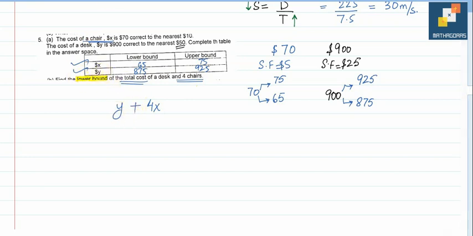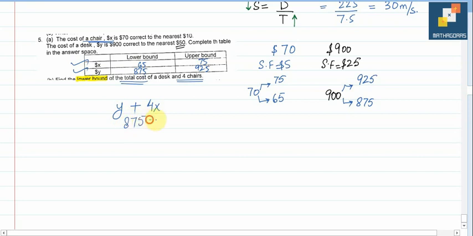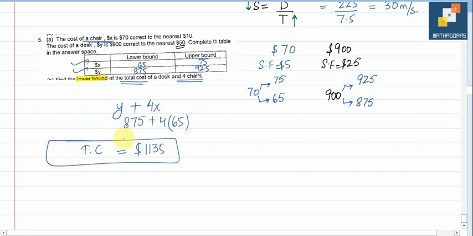That means you need to place the lower bound of each category. So the lower bound for Y is 875 plus 4 times the lower bound of X, which is 65. 65 times 4 plus 875 is 1135. Not Y, it's the total cost. The total cost is $1135, that is the lower cost. Alright, note it down.